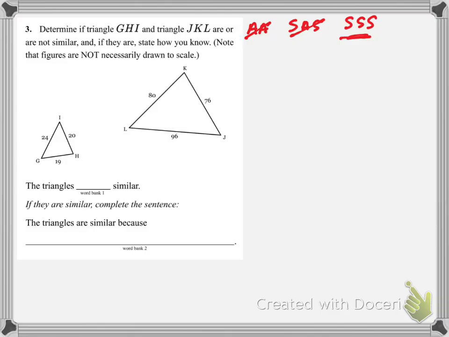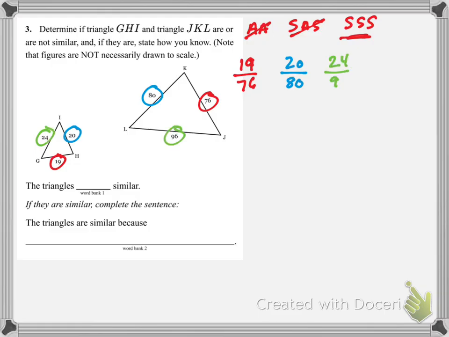I'm going to take the smallest number here and match it up with the smallest number here. So I have 19 over 76. Then I take the next smallest, 20, and match it up with the next smallest, 80. So 20 over 80. And then the biggest pair, 24 over 96.